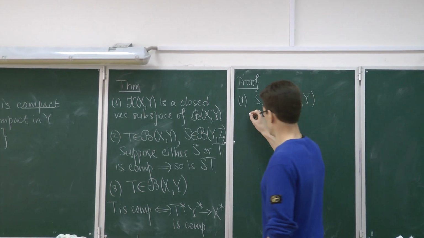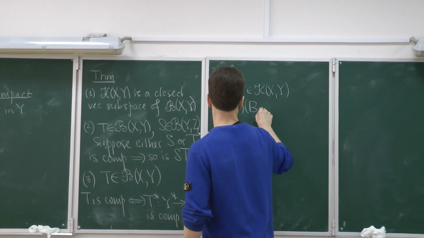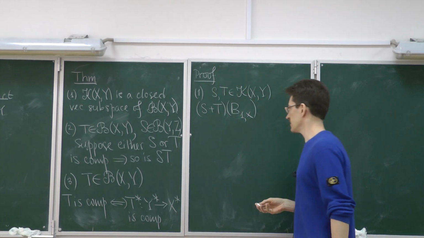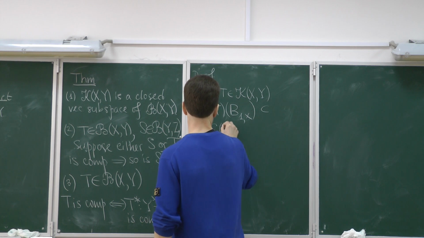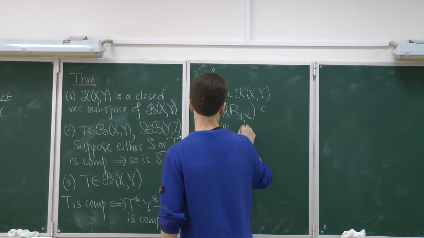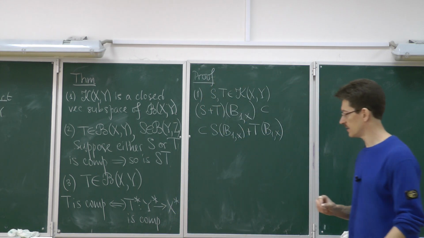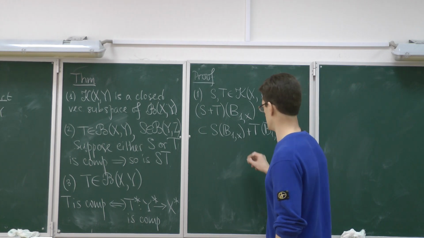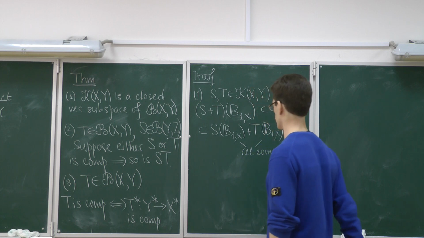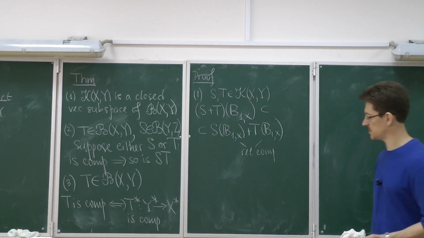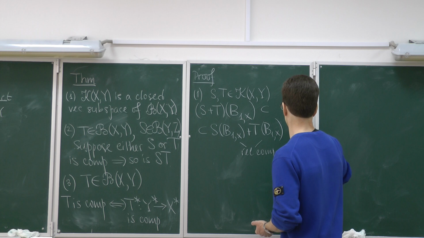So we take the sum of S and T and apply it to the unit ball of X. So clearly this set is contained in the sum of the images of the unit ball under S and under T. And by assumption, each of these two sets is relatively compact in Y. It's easy to see that the algebraic sum of two relatively compact sets is relatively compact.